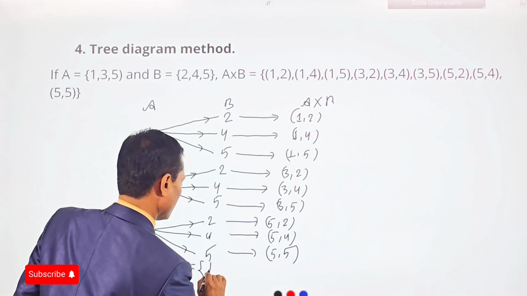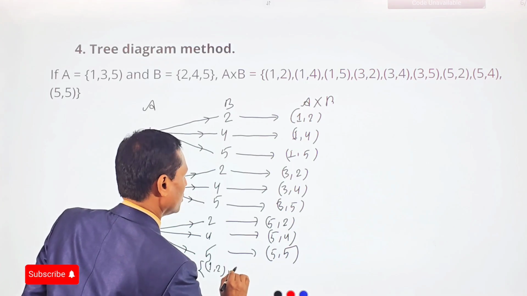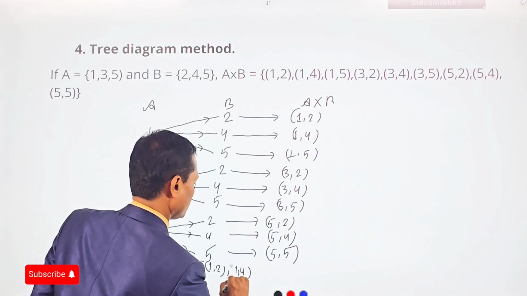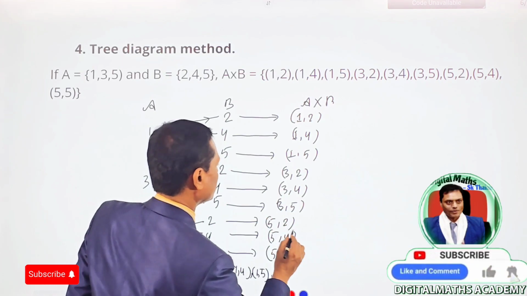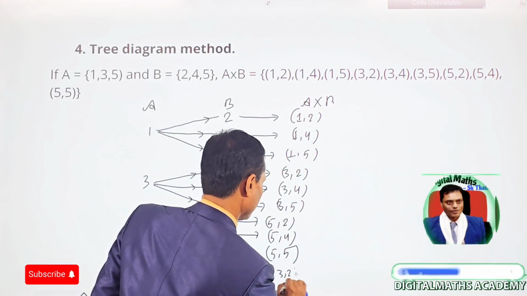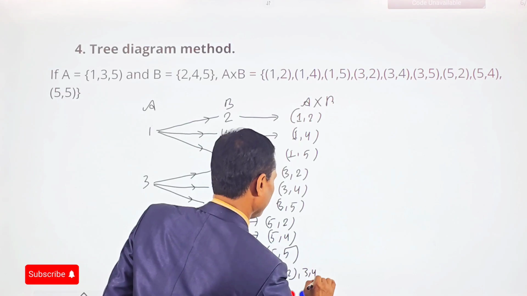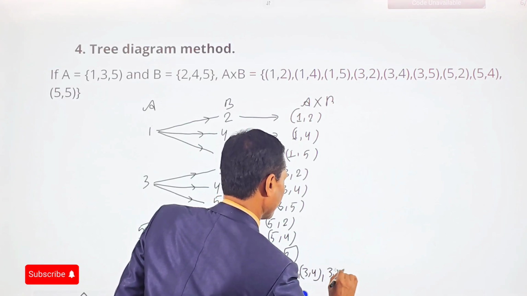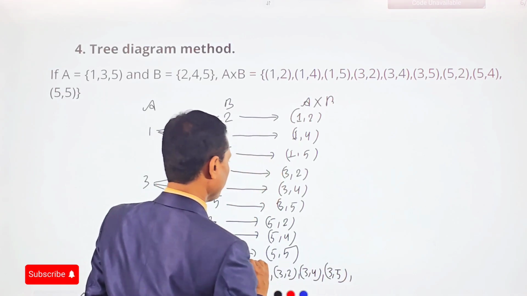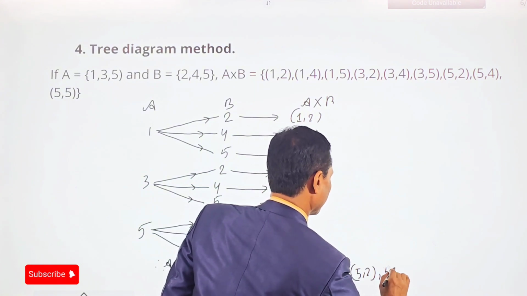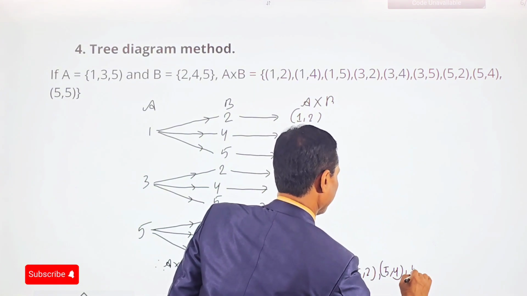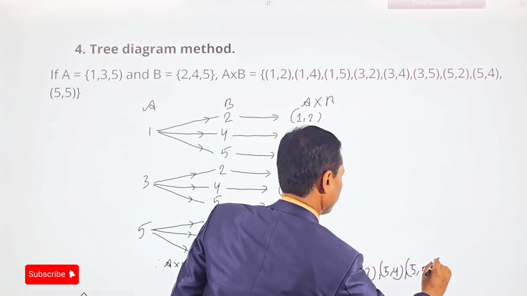So we write here 1, comma 2, 1, comma 4, 1, comma 5. Likewise 3, comma 2, 3, comma 4, 3, comma 5. Similarly 5, comma 2, 5, comma 4, and 5, comma 5.